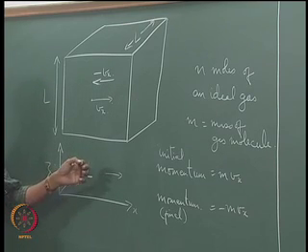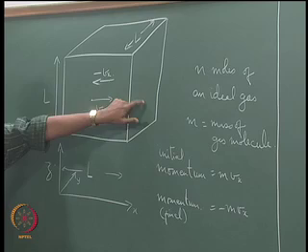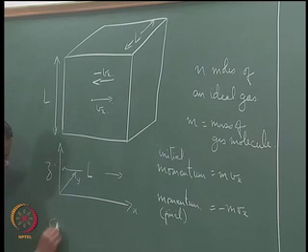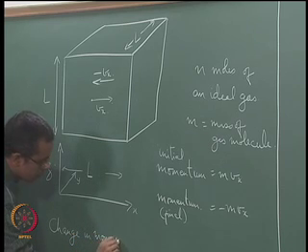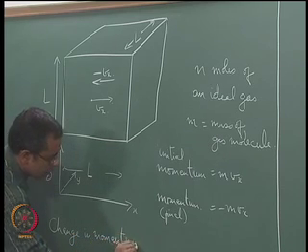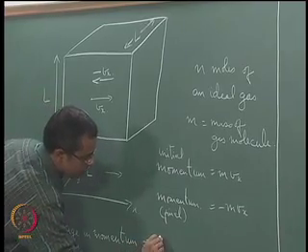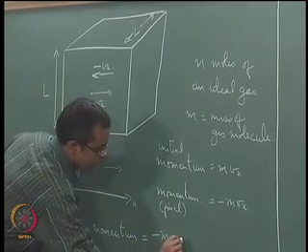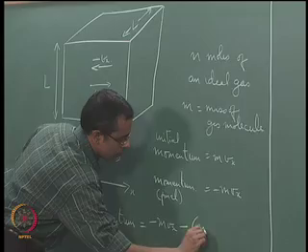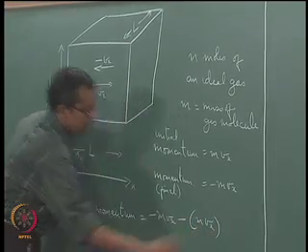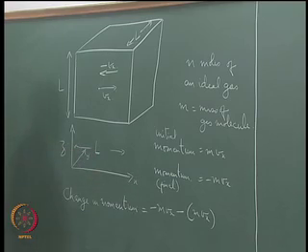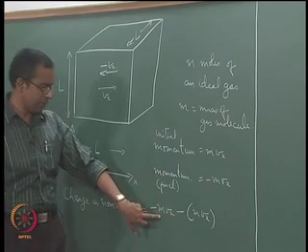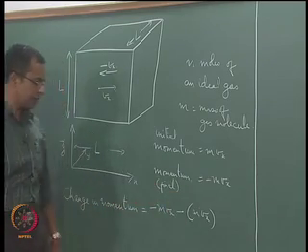So for the particle which has now bounced off of this surface, the change in momentum is the final momentum minus the initial momentum: minus mvx minus mvx, the initial momentum.